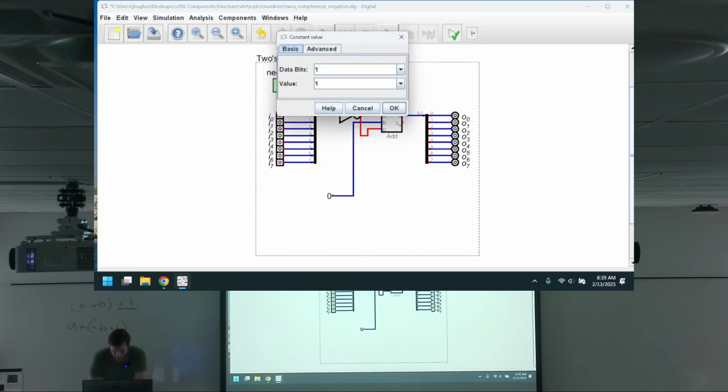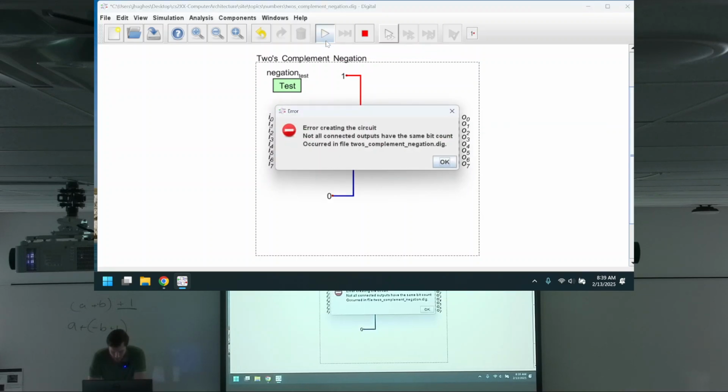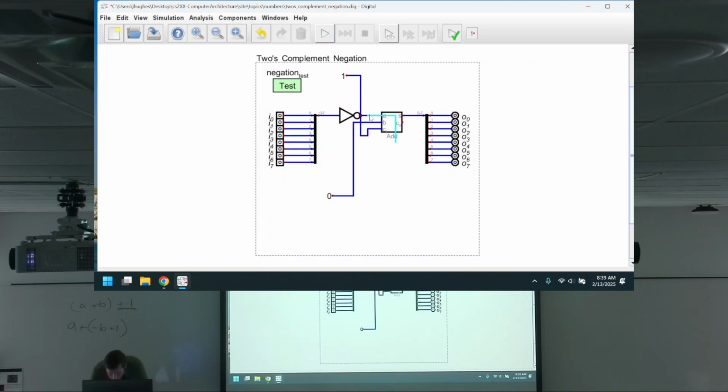See? Data bits 1. What did it say it was mad? I think it's touching one of the. Oh, there. Yeah, I think you're right. Delete. There. All right, there we go.